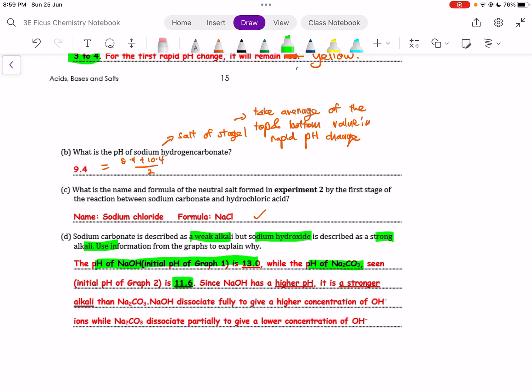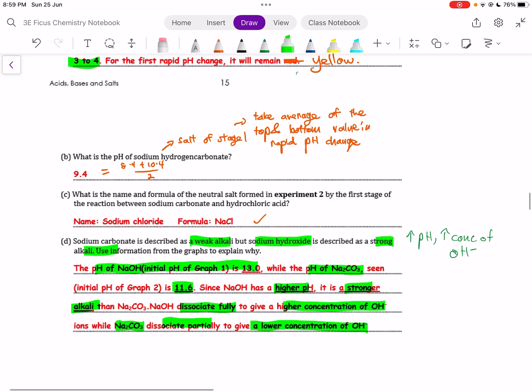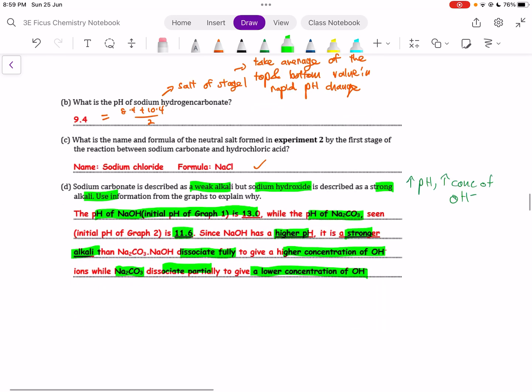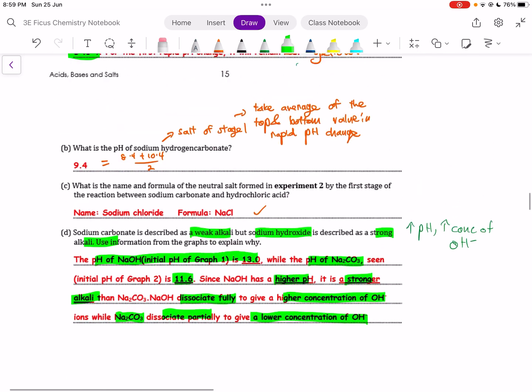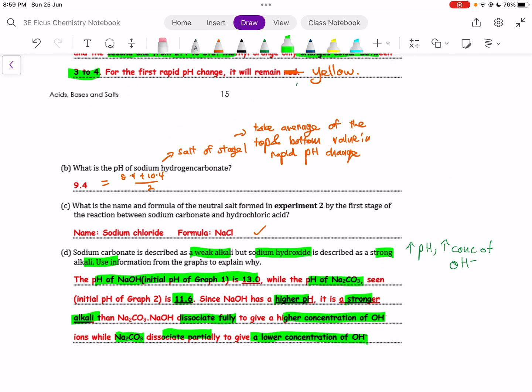Since NaOH has a higher pH, it is a stronger alkali, because it dissociates fully to give a higher concentration of OH minus. Remember, higher pH means higher concentration of OH minus. While sodium carbonate only dissociates partially to give a lower concentration of OH minus. Okay, so I think this is it for the fourth lesson.